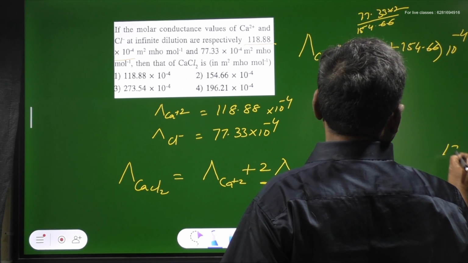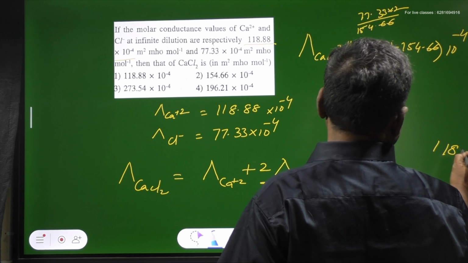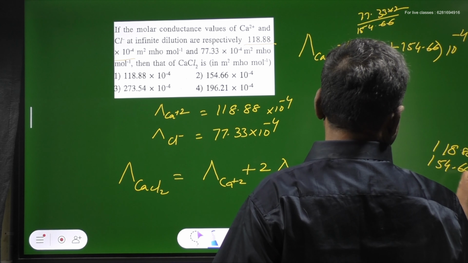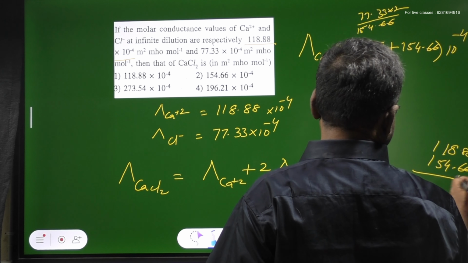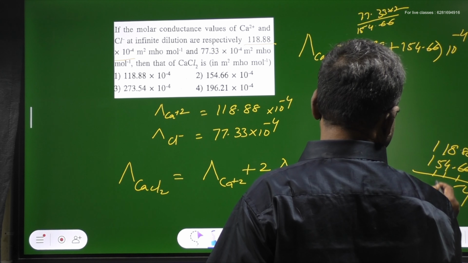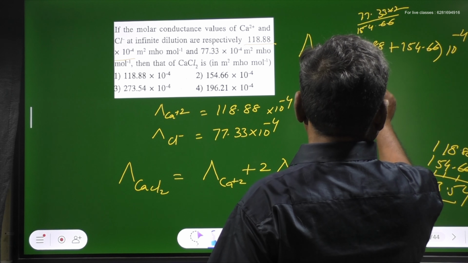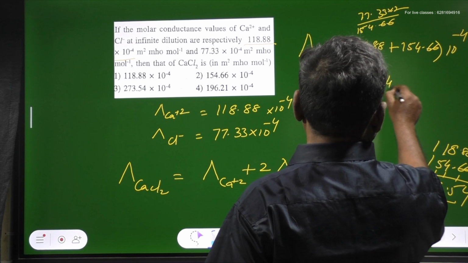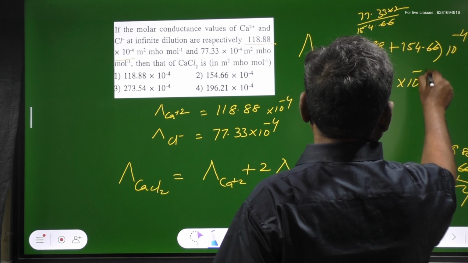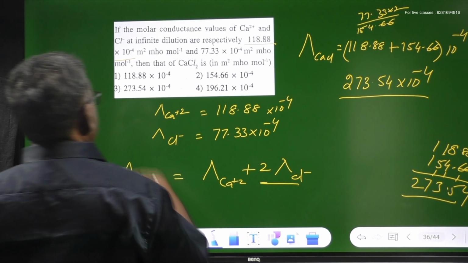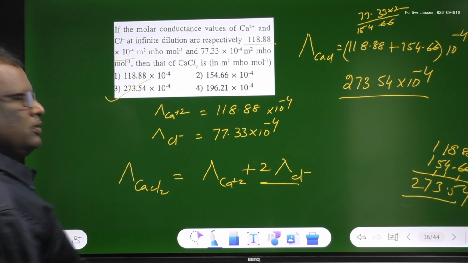So 118.88 plus 154.66 is 273.54 into 10 to the power minus 4. Third option is correct.